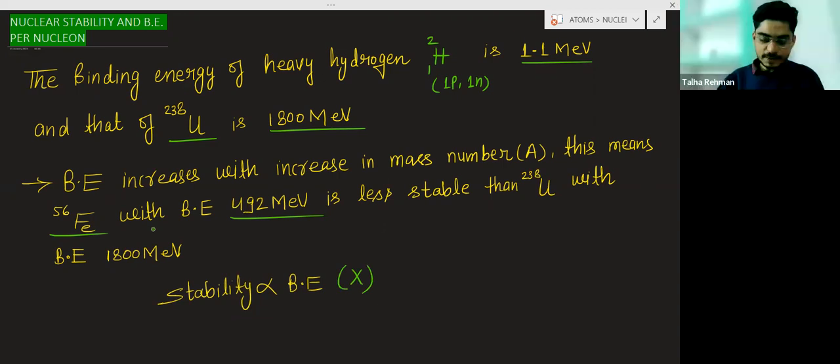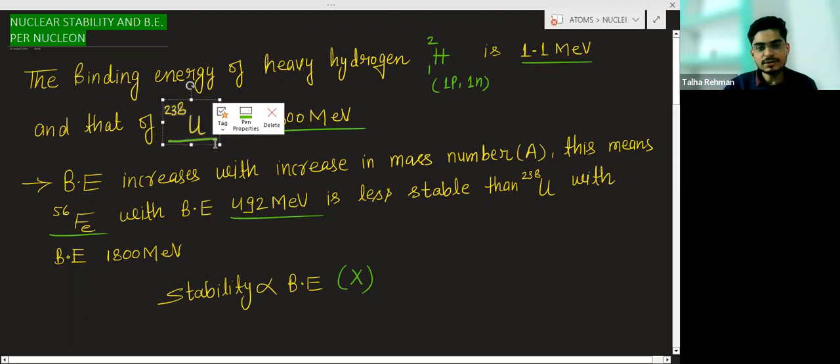Actually, what happens? Binding energy is not the stability factor. The stability factor is binding energy per nucleon. Think in this way. This is the uranium nucleus.